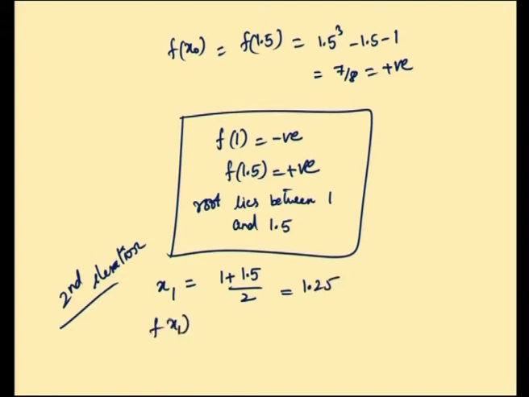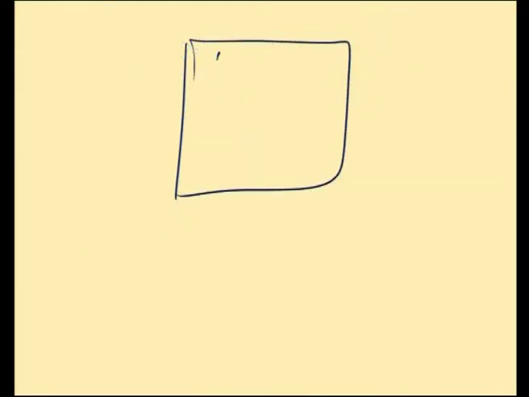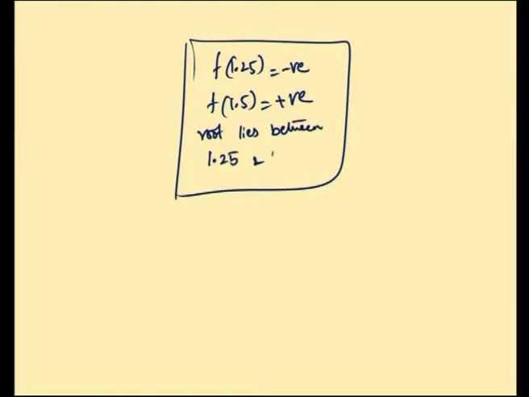Then find f of x1, which is f of 1.25. It is 1.25 whole cube minus 1.25 minus 1, and this happens to be negative. So, f of 1.25 is negative and f of 1.5 is positive, therefore the root lies between 1.25 and 1.5.